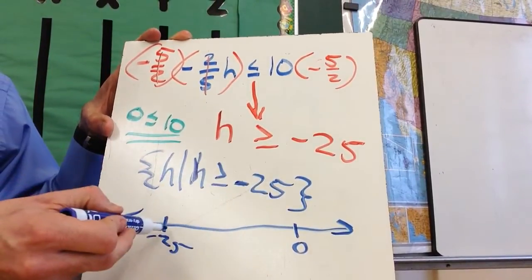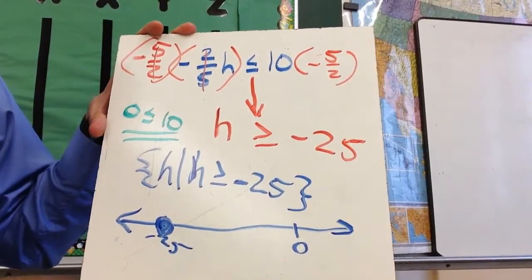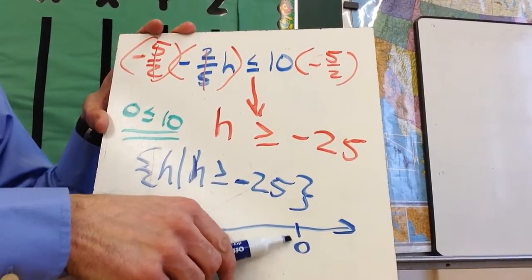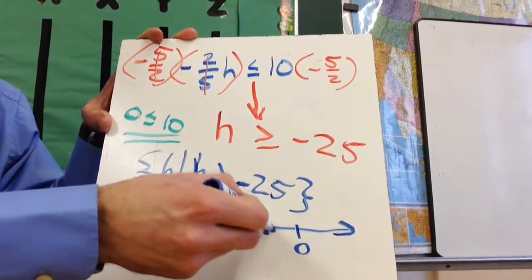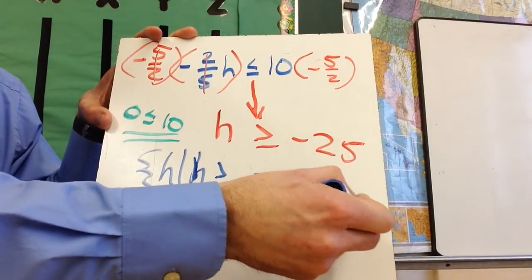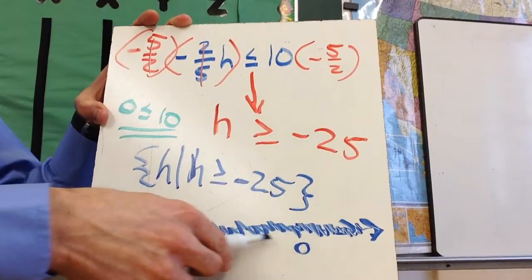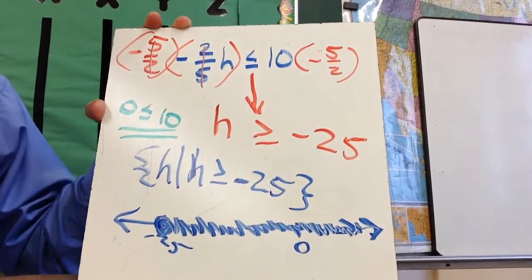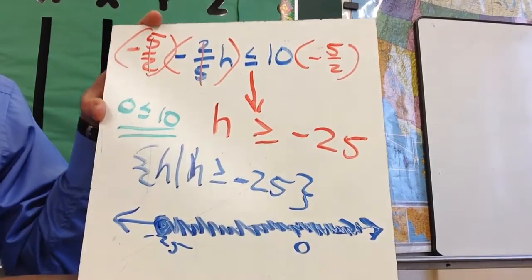This says that it's going to be a closed circle on negative 25. I'm looking for numbers that are greater than negative 25. We already determined that 0 was one of them, so I know I'm going this direction. Remember, I want to take this thing past the 0 so that it's obvious that I'm including all positive numbers. I now know that all positive numbers and many negative numbers will work to make this statement true, and that's what this is telling me.